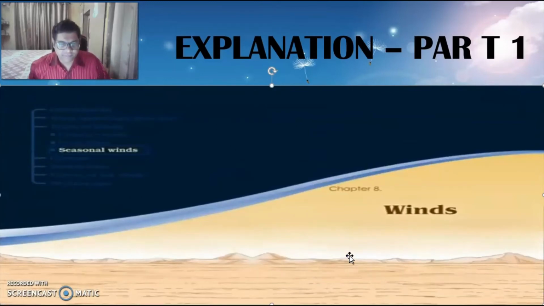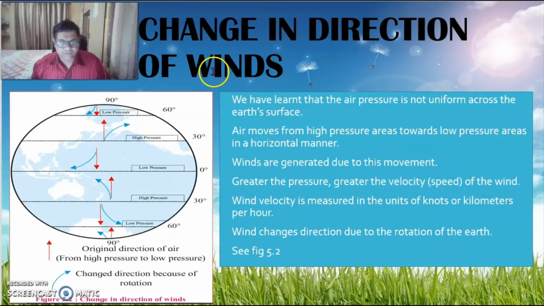Students, you have seen the explanation, and let me give you a quick recap of what we have learned. First is change in direction of winds. We have learned that the air pressure is not uniform across the Earth's surface. Air moves from the high pressure areas to the low pressure areas.